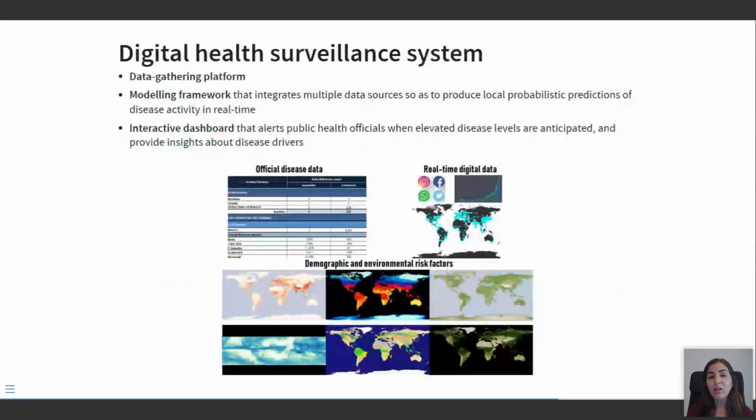So we are working on a digital health surveillance system that integrates multiple data sources to produce local probabilistic predictions of disease activity in real time, and also an interactive dashboard that alerts public health officials when elevated disease levels are anticipated.